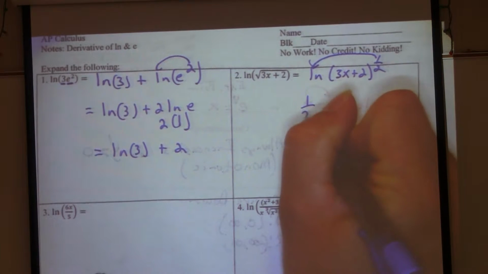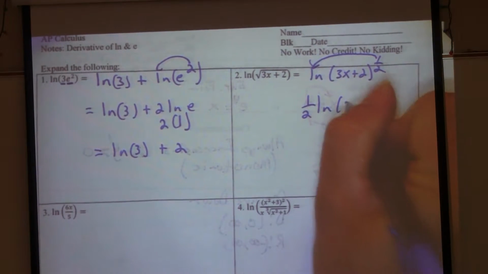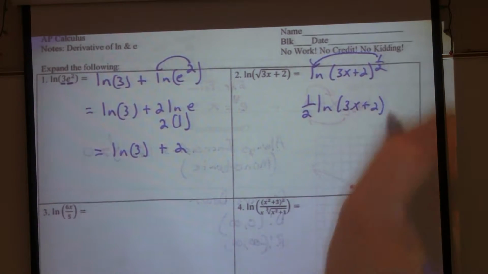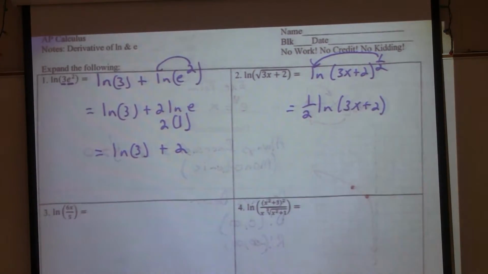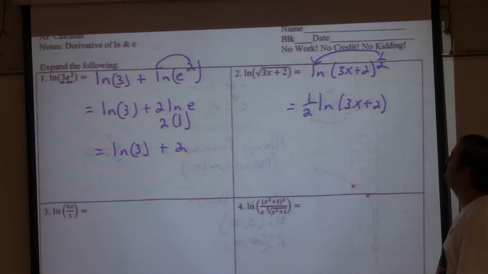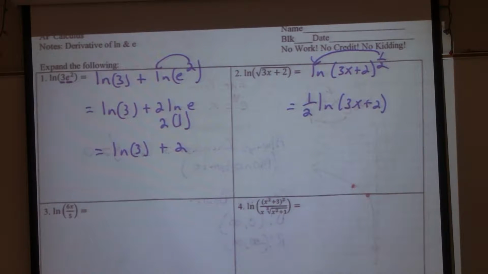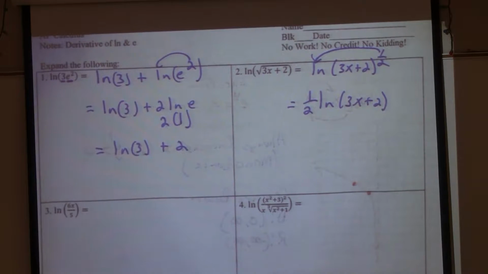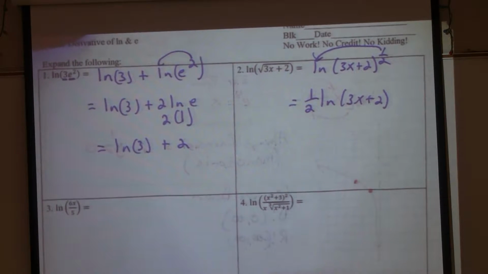So now I have 1/2 ln of 3x plus 2. And now finding the derivative is that much easier. I don't have to do chain rule or anything, everything's going to work out for me. Cool? You'll understand tomorrow why we want to expand.